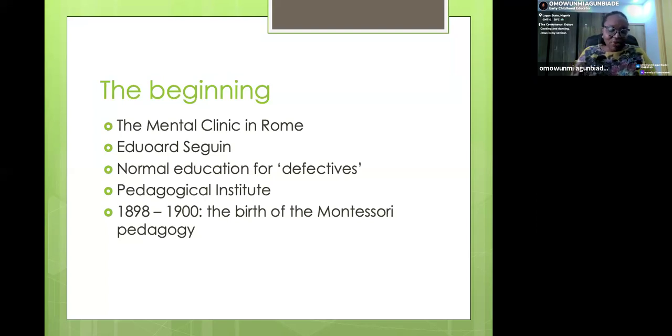Anyway, after some time she was given the task by the Minister of Education to conduct a course of lectures on education for mentally defective children. She was meant to run this course for common teachers of elementary schools in Rome. Later, she was working in an institute for special needs children.